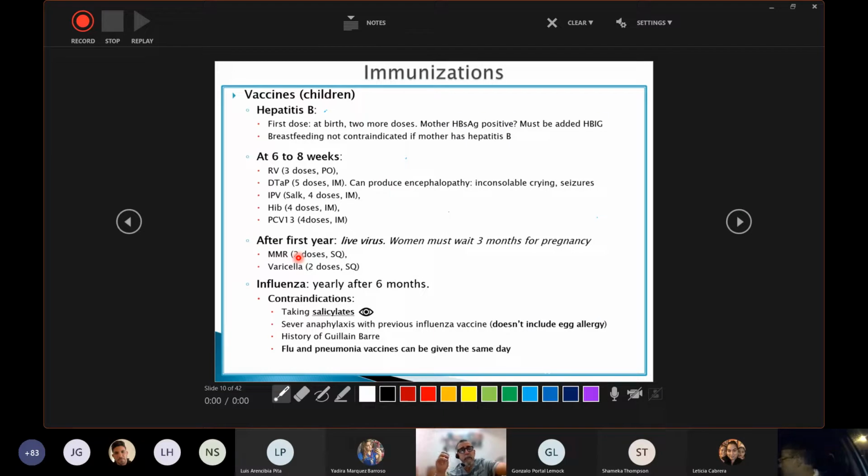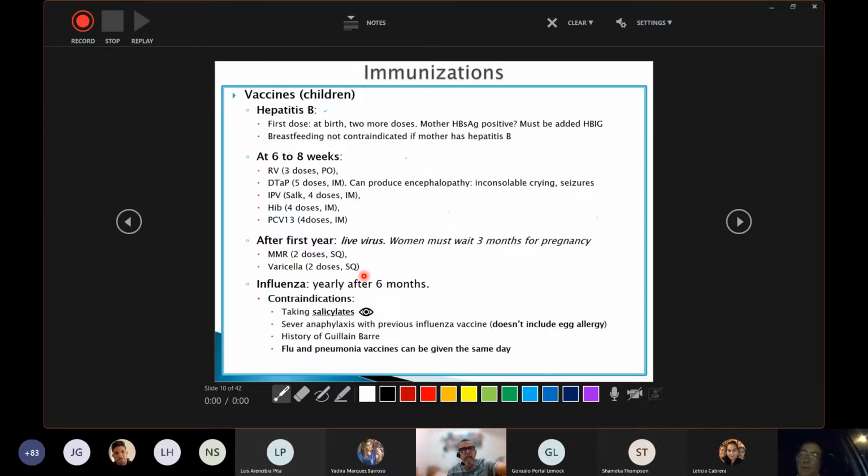Okay. So varicella, and MMR stands for mumps, measles, and rubella. Remember that most of these shots are intramuscular, but the live viruses are subcutaneous. I think it's an interesting detail, because who gives those vaccines? The nurse. Doctors order the vaccine, you give it.